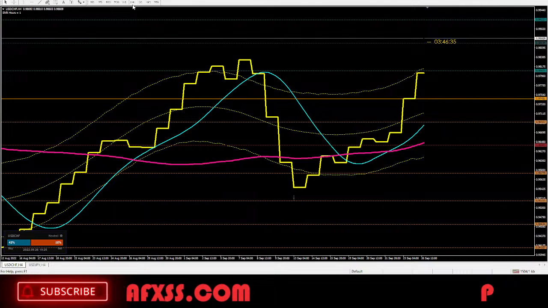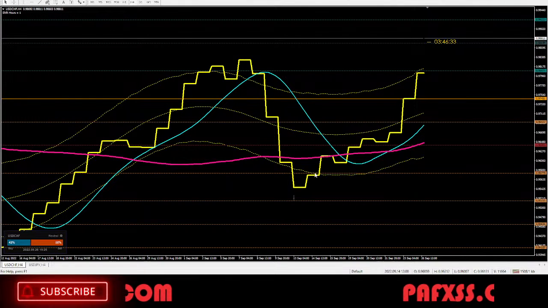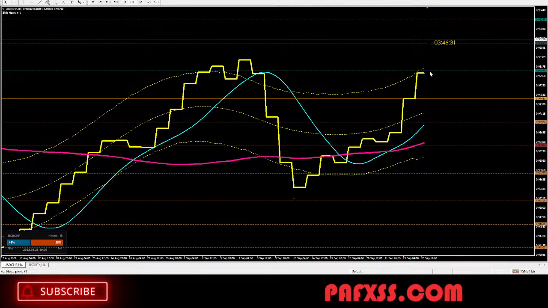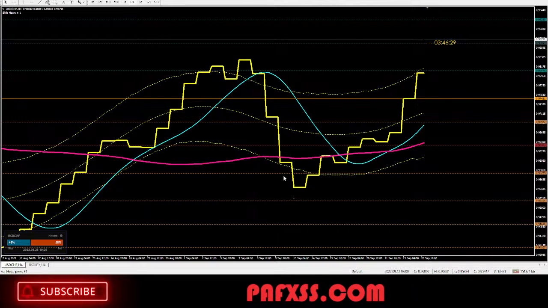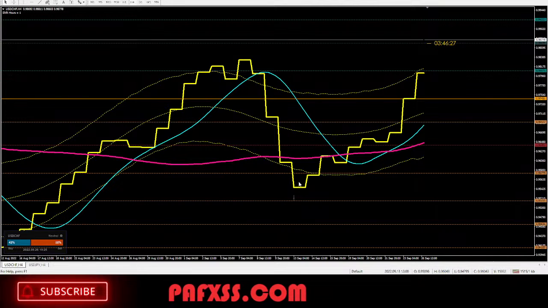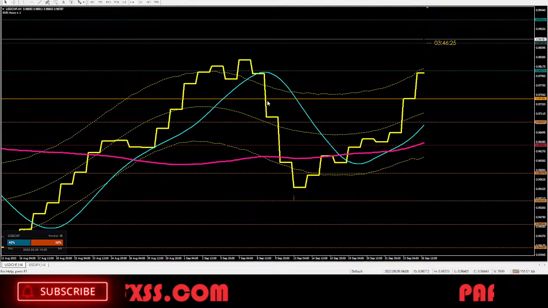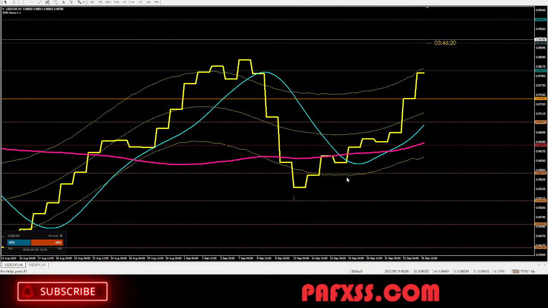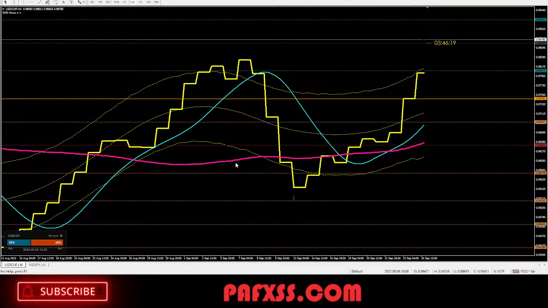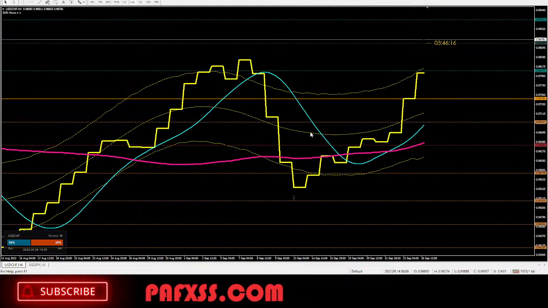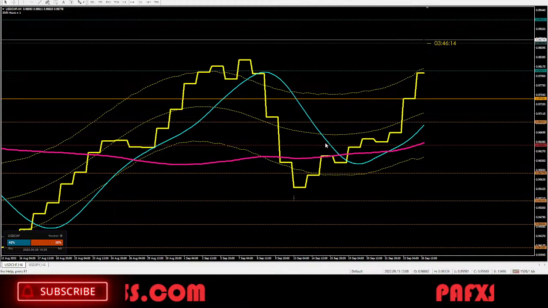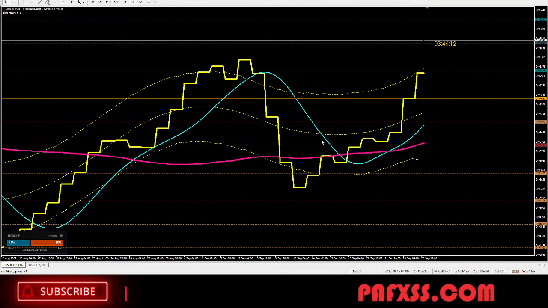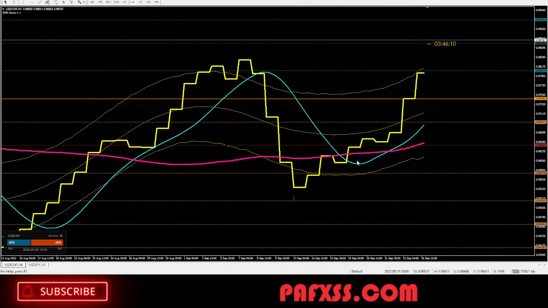All right, USD CHF. This is a good example of a buy order. The trend line is crossing over the bottom channel line, the 200 MA is below the middle line channel, and the NT line is below the middle line channel as well.